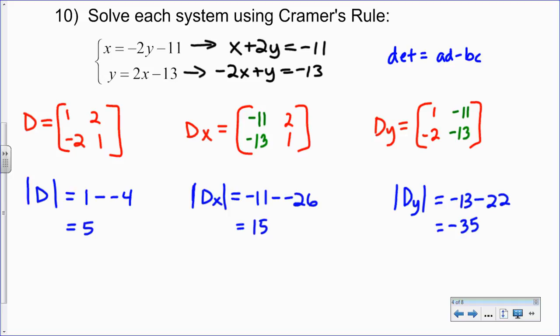Okay, good. So now we just have to divide. D is what we divide by. So think about D as the denominator, that's what you're dividing by. To find x, you're doing the determinant of dx divided by the determinant of D. So 15 divided by 5 tells me that x equals 3.